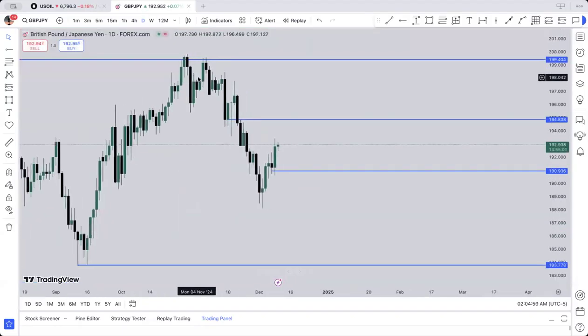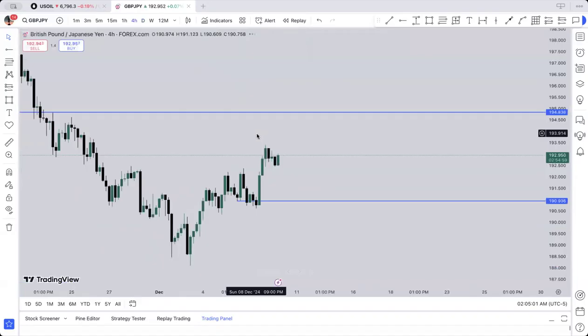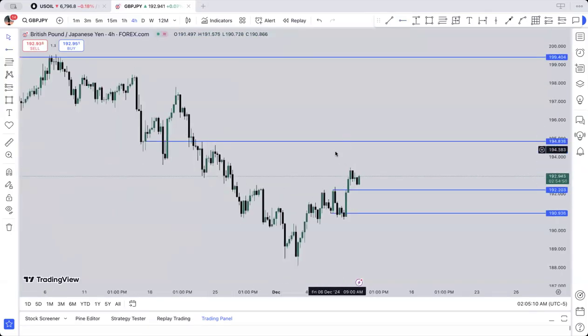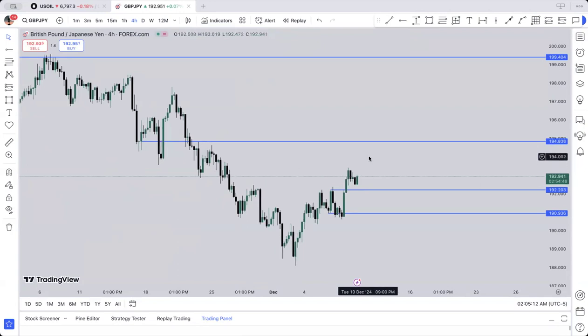I want GBP JPY to trade down to this breaker and give me a nice entry long to that level. And if it doesn't, once we get here, I'm going to short there. And I'll wait for weekly willingness or daily willingness, right?